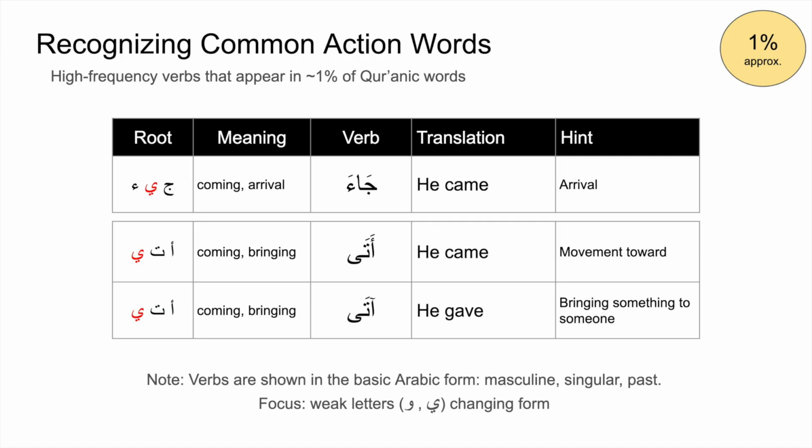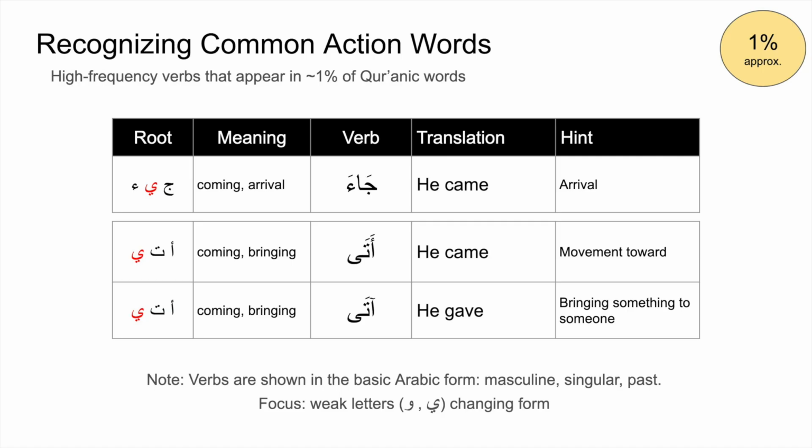Here we are looking at three very common action words in the Quran. The first word means he came. Its root carries the idea of coming or arrival. The next two words are especially interesting because they share the same root, alif, ta, ya.